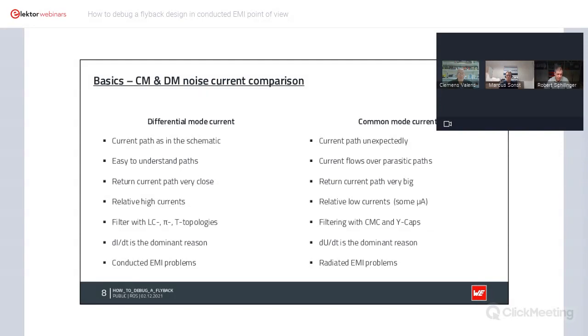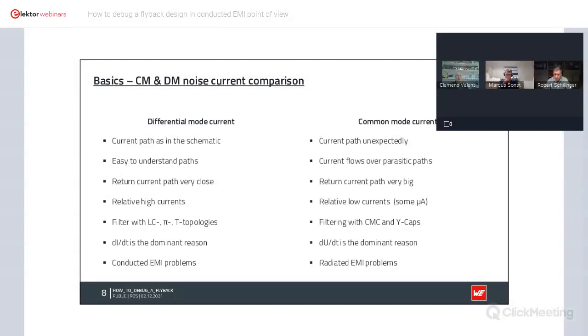I say especially dominant because sometimes, or a lot of the time, you have both modes of noise. But you must find the dominant one. Maybe sometimes both are very, very high. And this differential mode results often in conducted EMI problems.